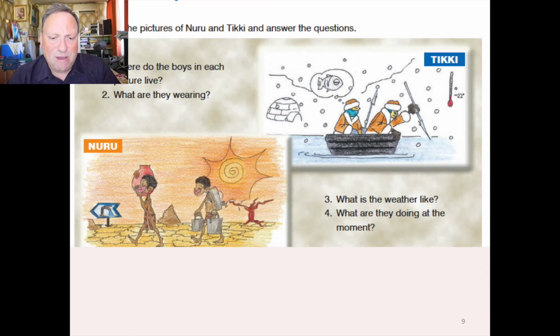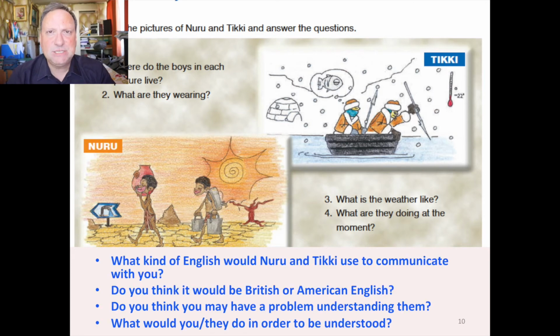But let's see how alpha-awareness can be raised here, in this very specific example, with the right kind of meta-cognitive and meta-linguistic questions. Have a look at these questions. You can add these questions to supplement the existing task. So we begin with, what kind of English would Nuru and Tiki use to communicate with you?